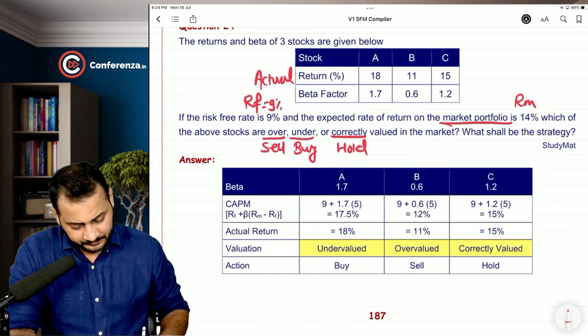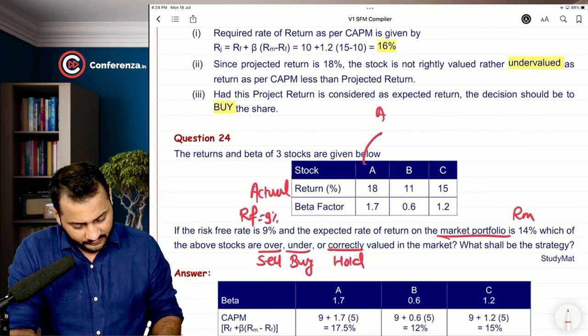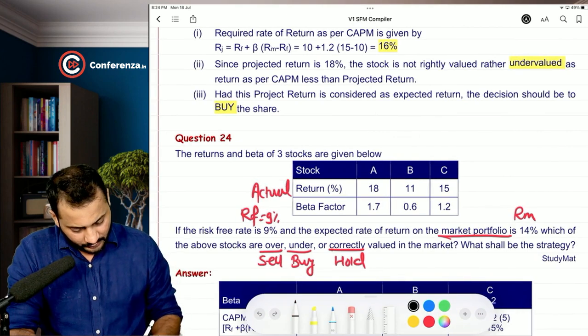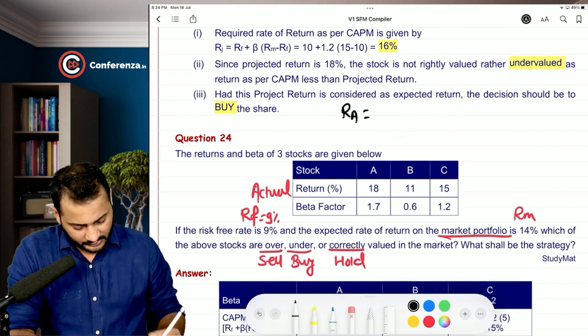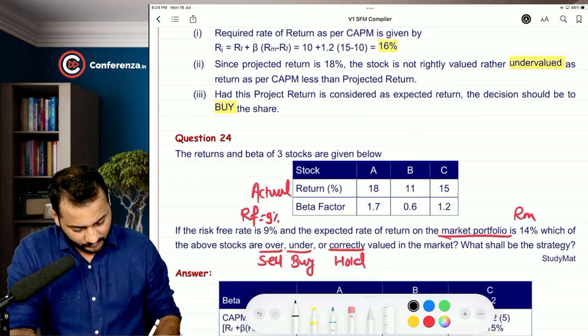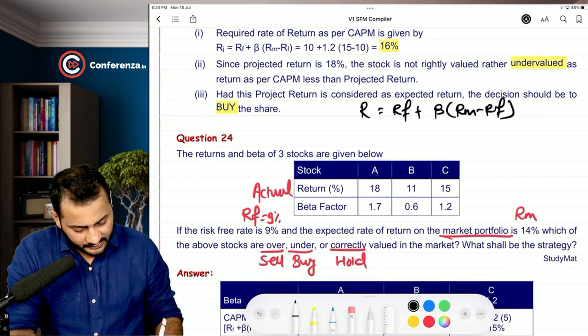So let's do that. Let's say for RA, we are going to do it here. First of all, let's write down the formula. That return is nothing but RF plus beta into the bracket of market return minus risk free return.